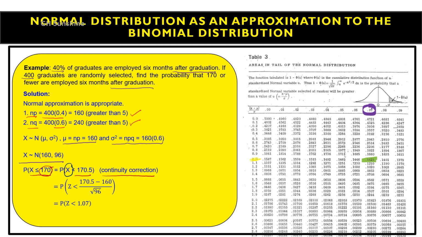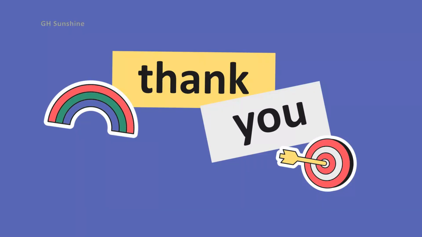Therefore, the probability value that 170 or fewer are employed 6 months after graduation equals 0.8577. So this one is the example of how we use normal distribution as an approximation to the binomial distribution.